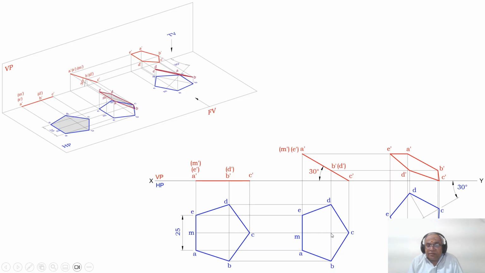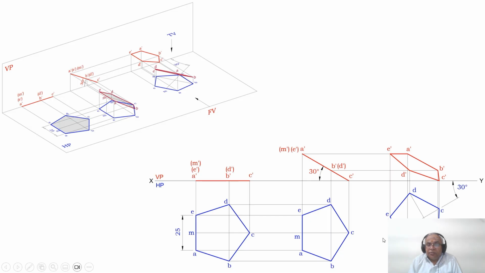Then you measure the distance from this point to D and also from this point to B. Both will have equal distances, and transfer it onto this side and also onto this side. So you mark these 2 points as B and D. Similarly, you measure the distance from C to M, and with C as center, cut an arc on this 30 degree line.